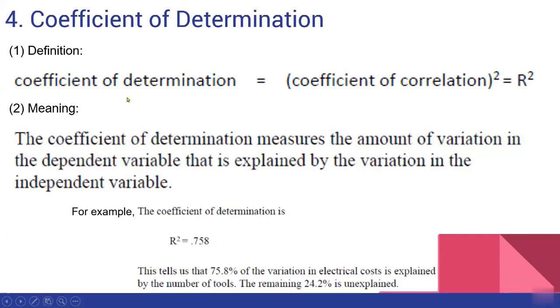The coefficient of determination measures the amount of variation in the dependent variable that is explained by the variation in the independent variable. For example, if R squared equals 0.758, this tells us that 75.8% of the variation in the electrical cost can be explained by the number of tools. The remaining is unexplained.